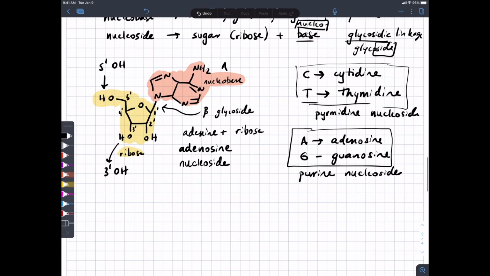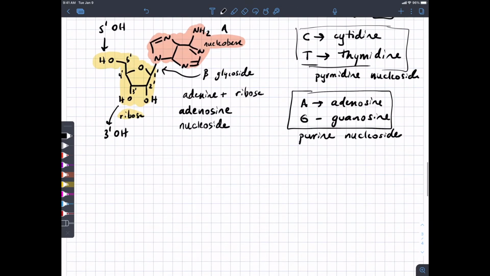Okay, if we're in DNA, you've got the same basic structure, only the 2' hydroxyl is gone, and that's where the D in DNA comes from. D is for deoxy.